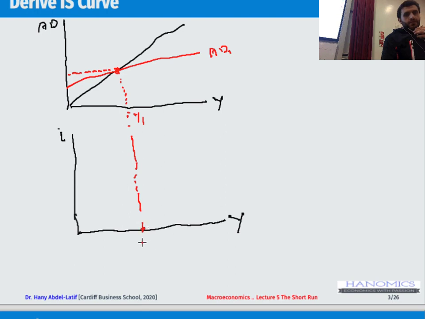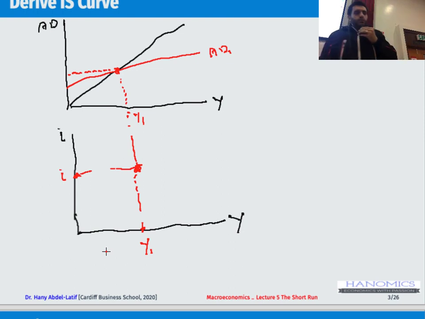So this is basically Y1. So for some given interest rate, let's say this was the I1 level.